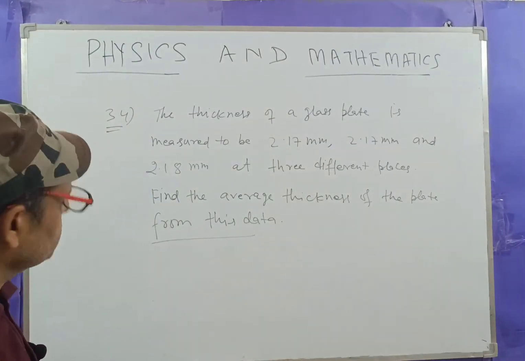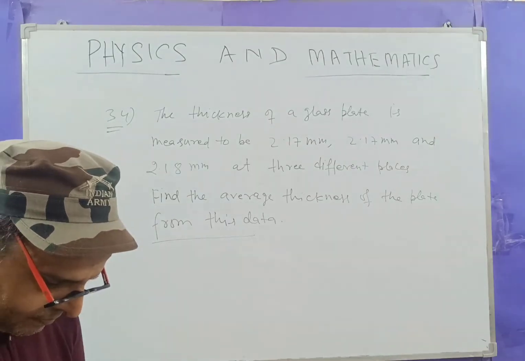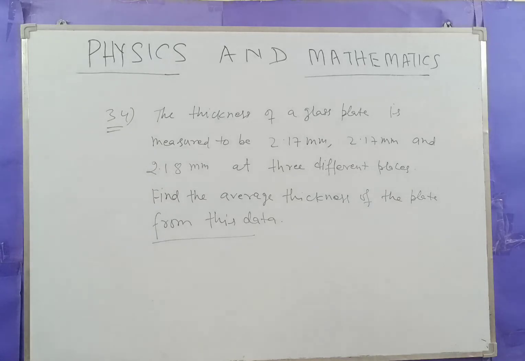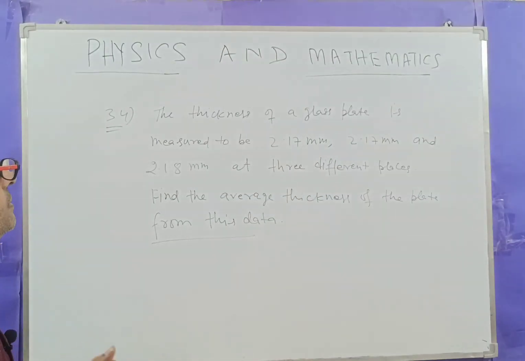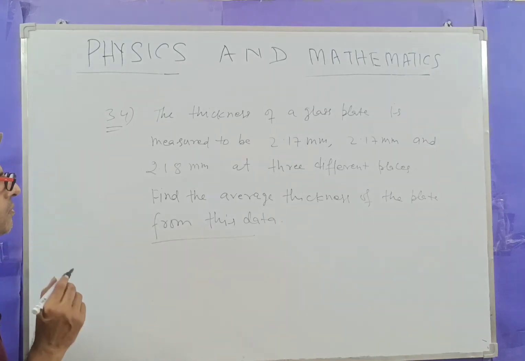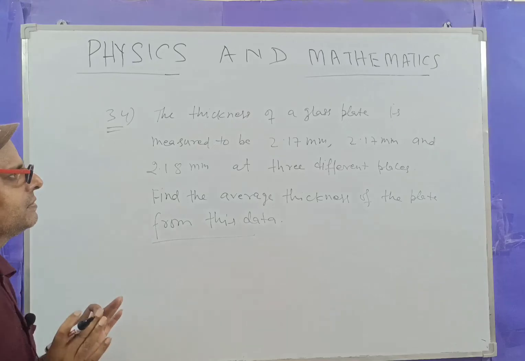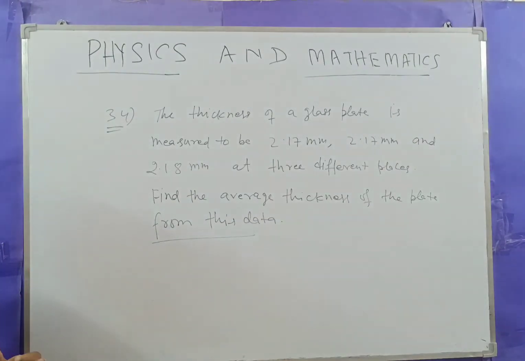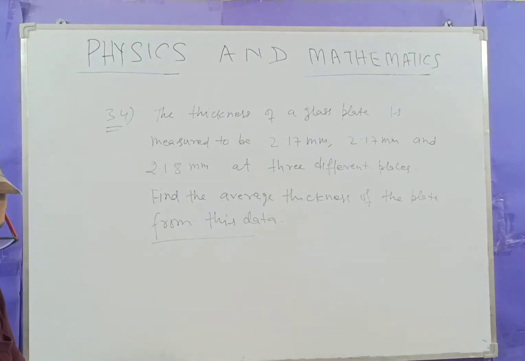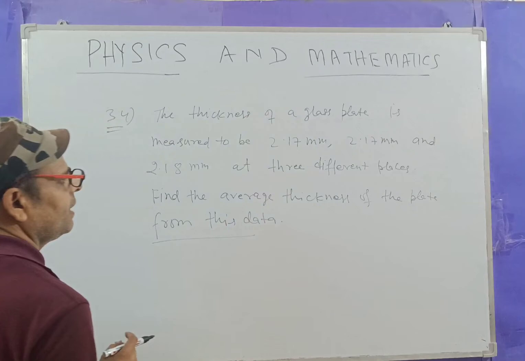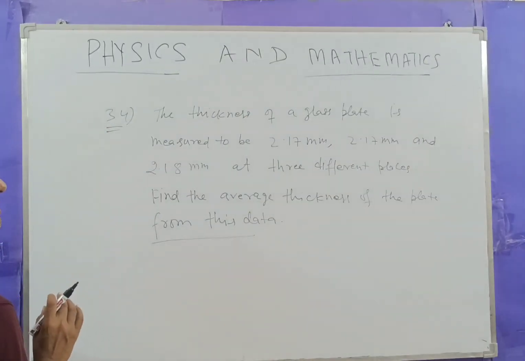This is question number 34. Thickness of the glass plate is measured to be 2.17 mm, 2.17 mm, 2.18 mm. 3 measurements, 3 values of the measurements, at 3 different places. Find the average thickness of the plate.